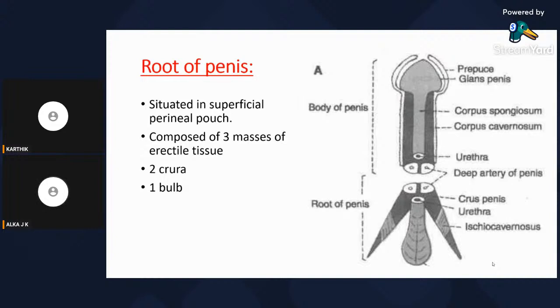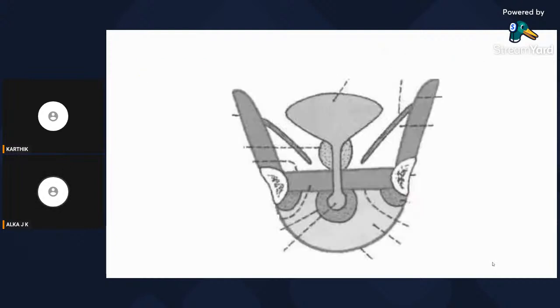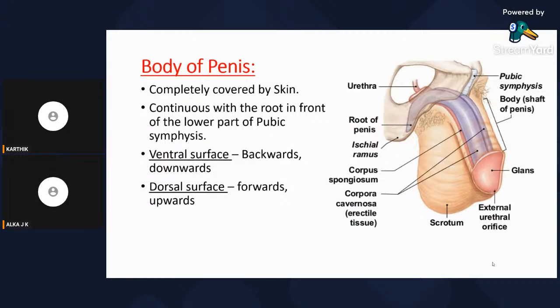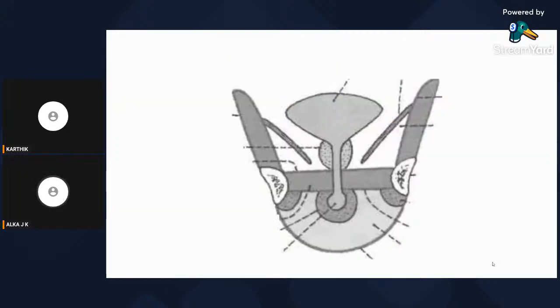Singular is crus, plural is crura. Each crus is firmly attached to the pubic arch.